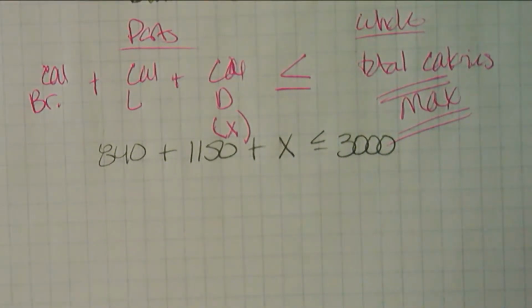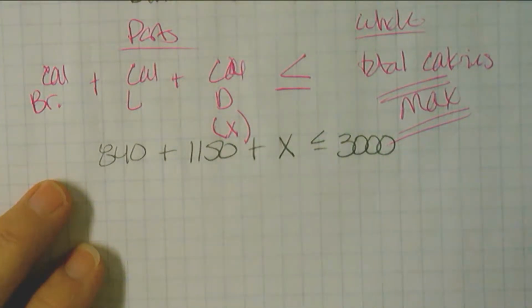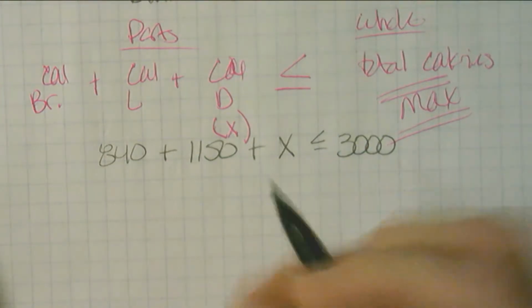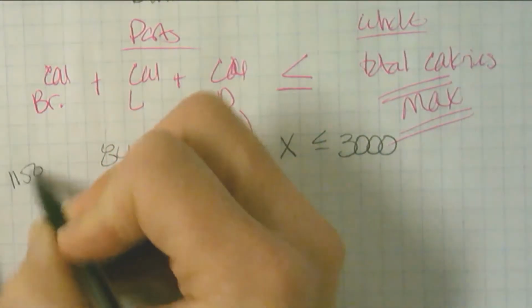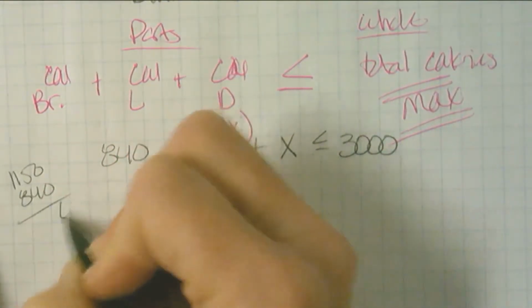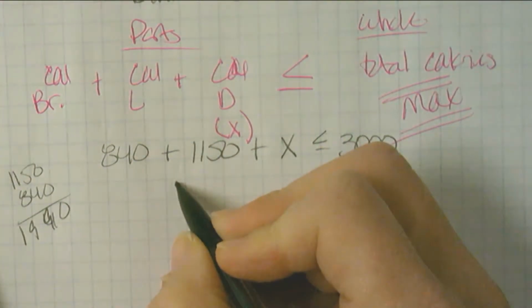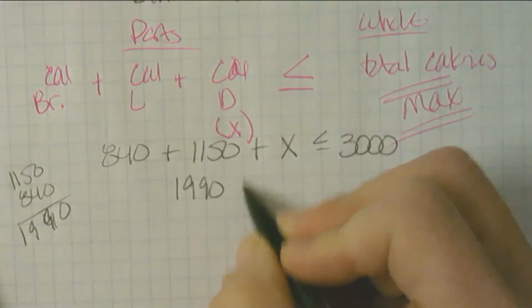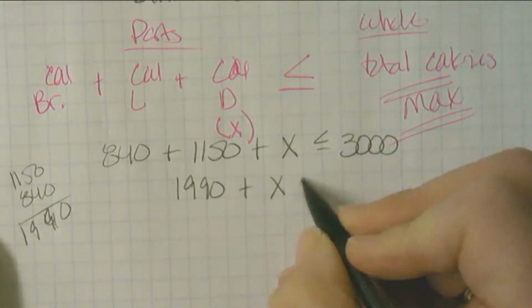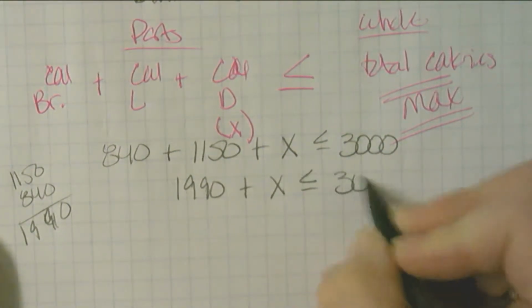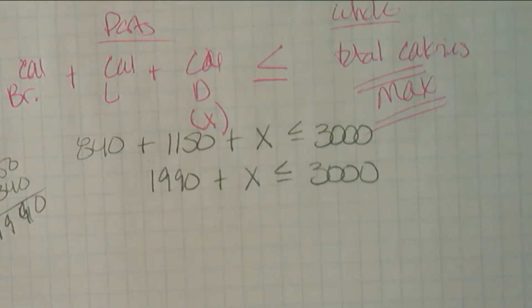Alex? Excellent. So I'm just going to go ahead and add that. That's 1,990. Did I do that right, Alex? Plus X is less than or equal to 3,000. If I didn't, stop me. Now what, sweetie?